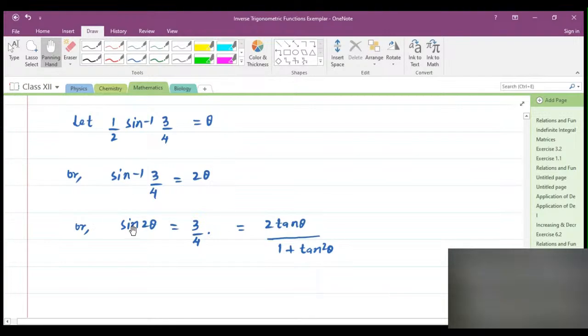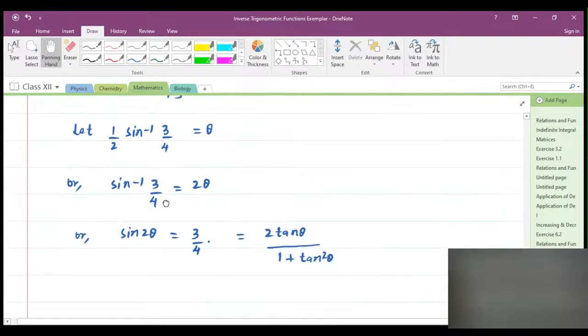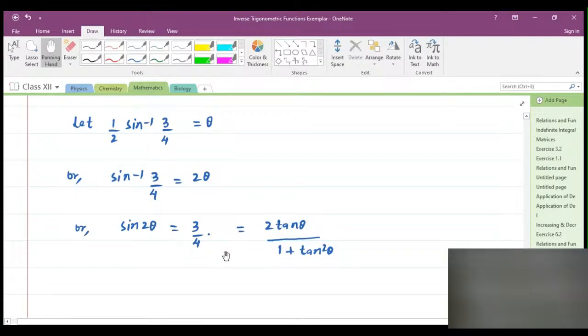We convert sin 2 theta into tan theta. We suppose this one theta, so we find out the value of tan theta. Therefore, sin 2 theta is converted into tan theta.